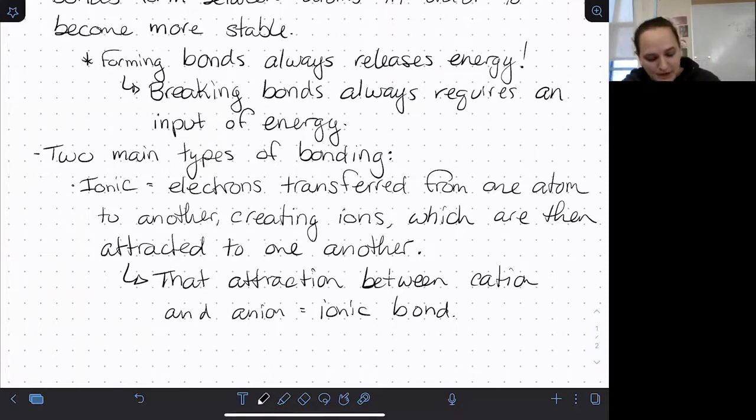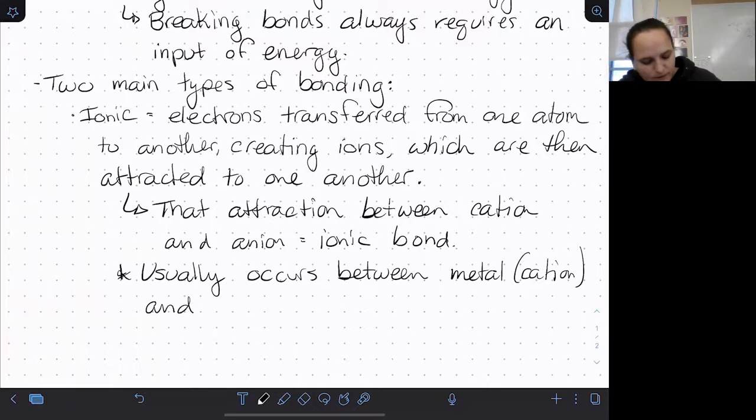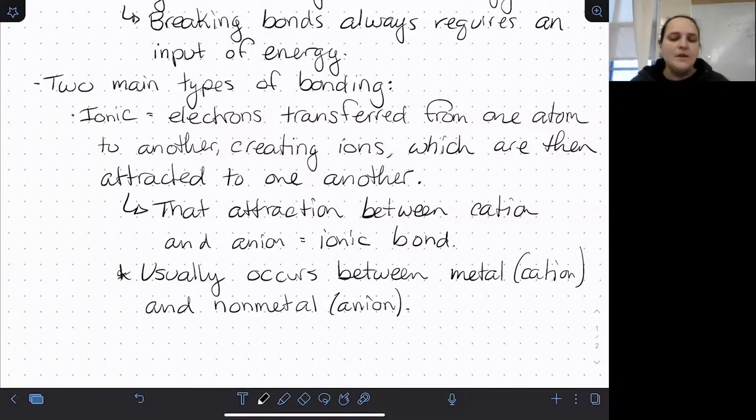So this type of bonding generally occurs between a metal, which would be the cation, and a nonmetal, which would be the anion.